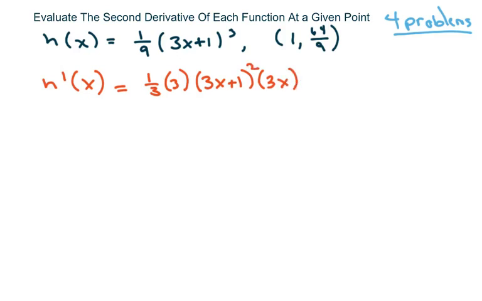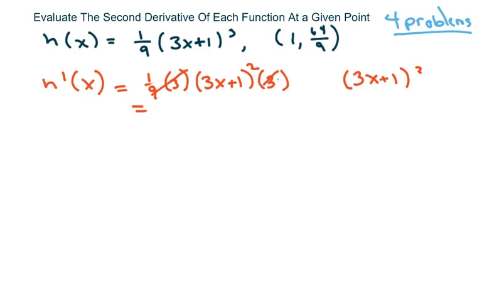And cleaning this up, you're going to get 3 times 3 is, this is 9, sorry. So all this is going to equal 1. So you're going to get 3 over 3x plus 1 squared.